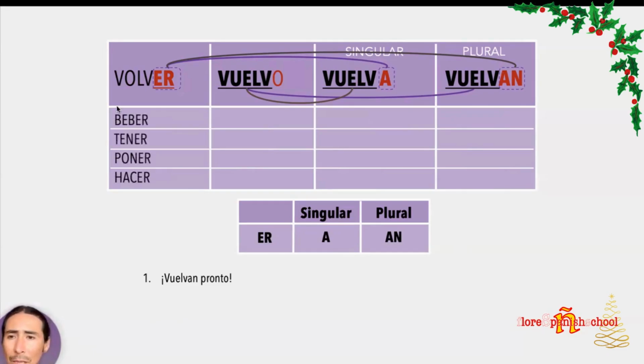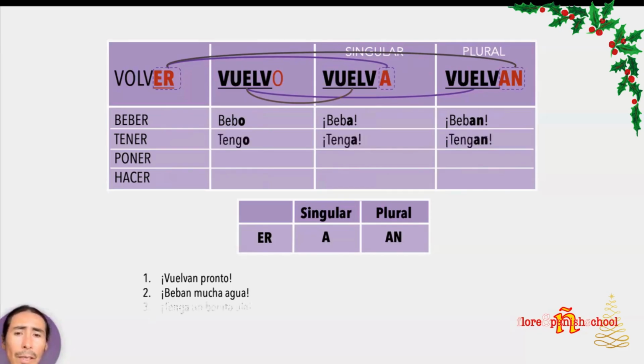Let's practice again. Beber. Beber is a regular verb in present tense, so it's yo bebo. And the command, beba, beban. Beban mucha agua. Drink a lot of water. Tener. So tener is yo tengo. Tenga, tengan. Tenga un bonito día. Have a beautiful day. Poner, pongo.